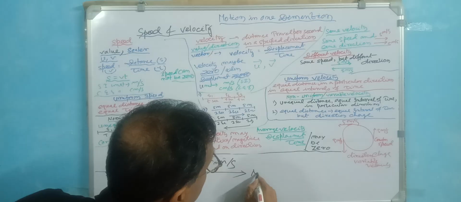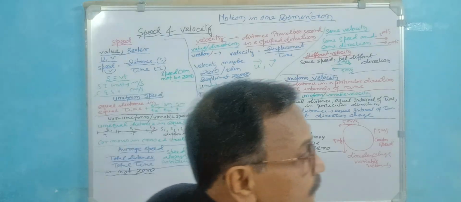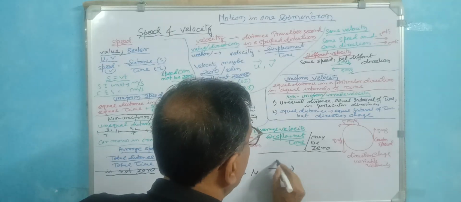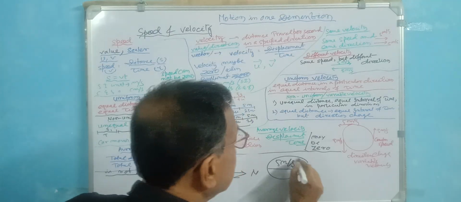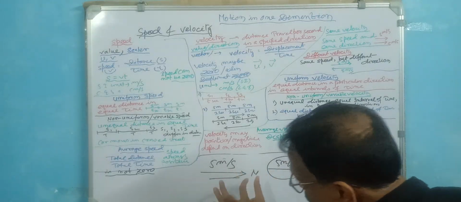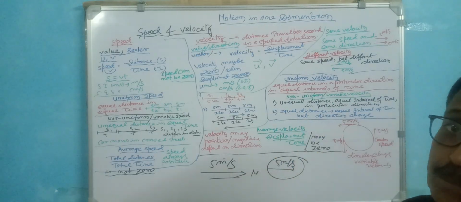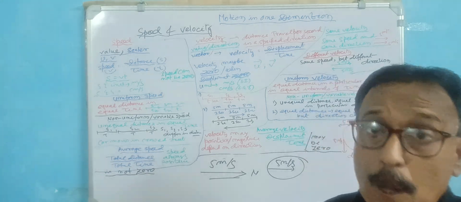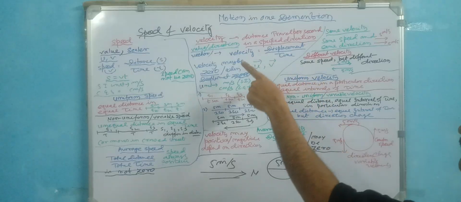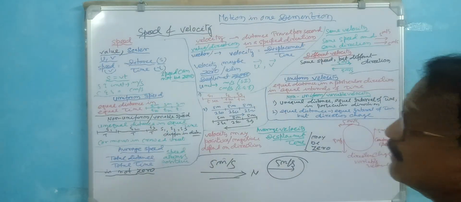Suppose this is the north direction, this indicates the velocity. If you move a car at 5 meters per second and do not mention any direction, this is speed. But if you mention the direction, that is the velocity.